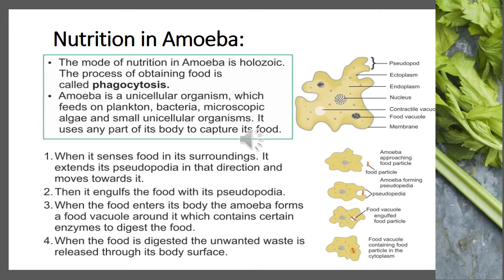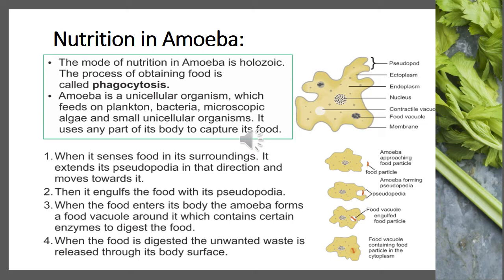So we'll see stepwise how the food is taken in and digested by amoeba. When it senses food in its surroundings, it extends its pseudopodia, that is the false feet, in that direction and moves towards it.